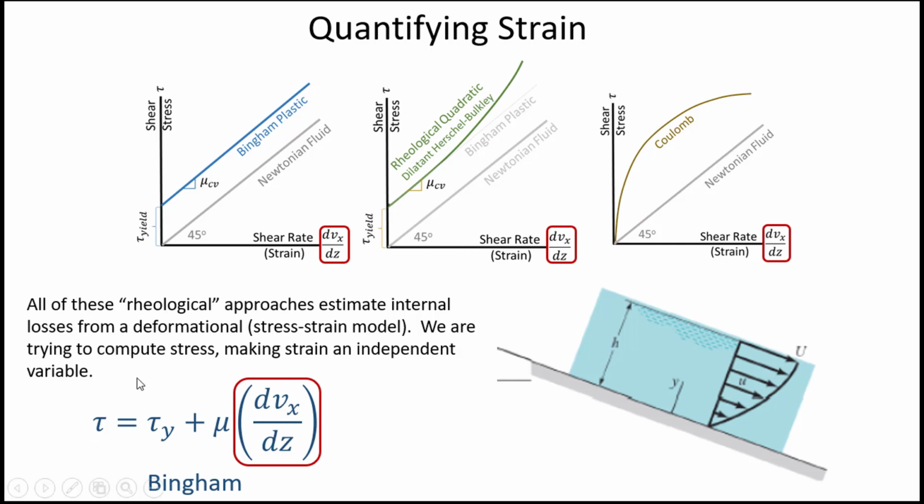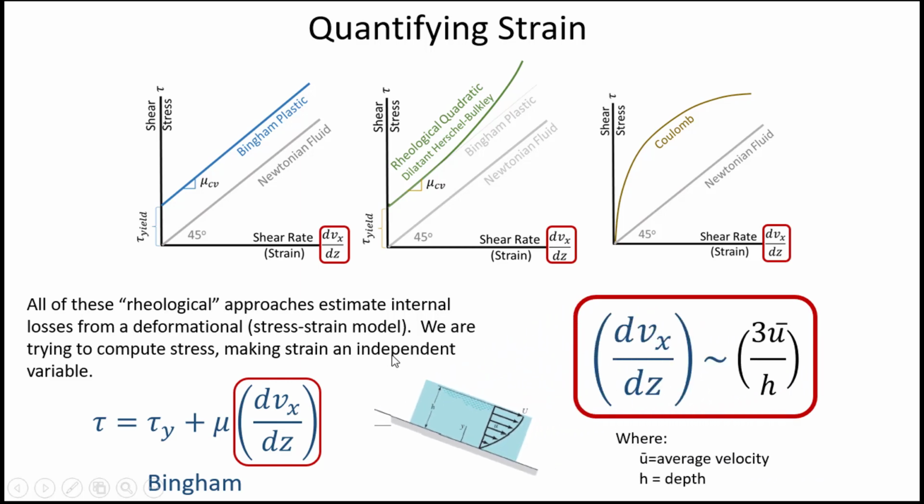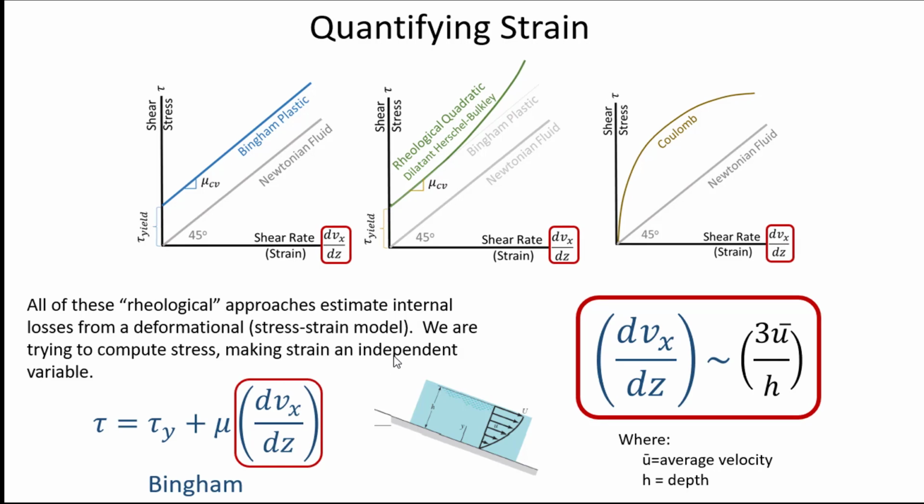This comes from Julian and O'Brien: the strain of the water, or the deformation of the water, is 3 times the velocity over the depth. That's what we use in RAS 1D or 2D. Now we have a strain, and all the terms we need to compute your internal shear stress and your loss slope.